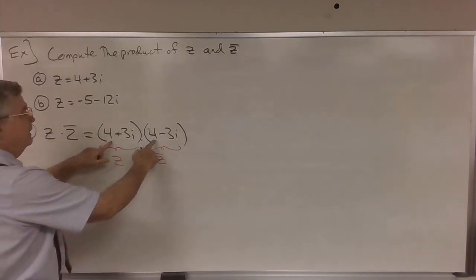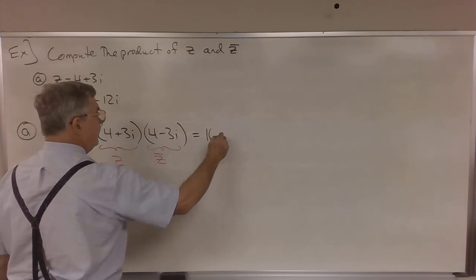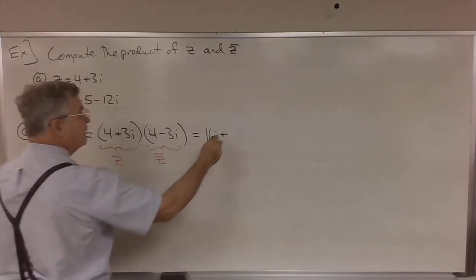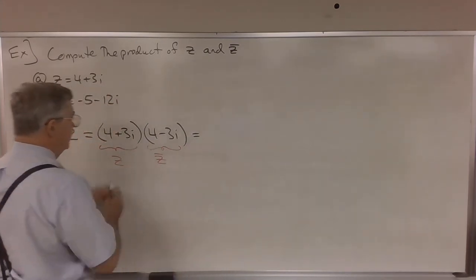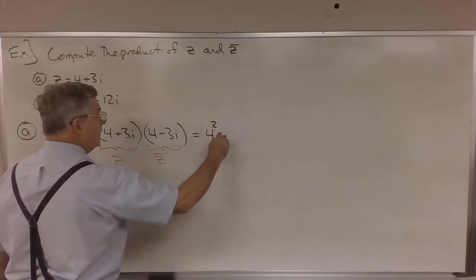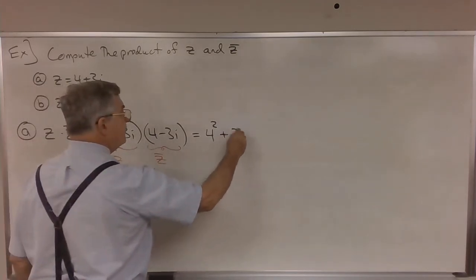And what we get is the real part squared plus the imaginary part squared. See, let me do it this way. The real part squared plus the imaginary part squared.